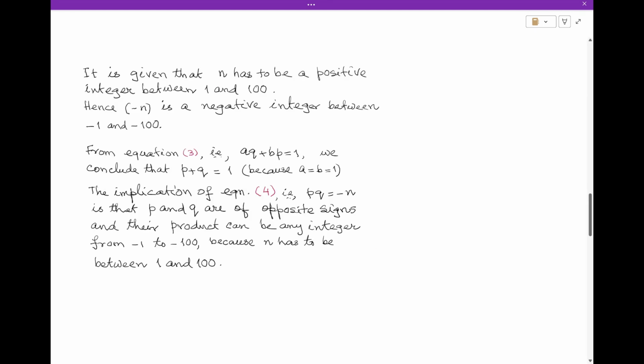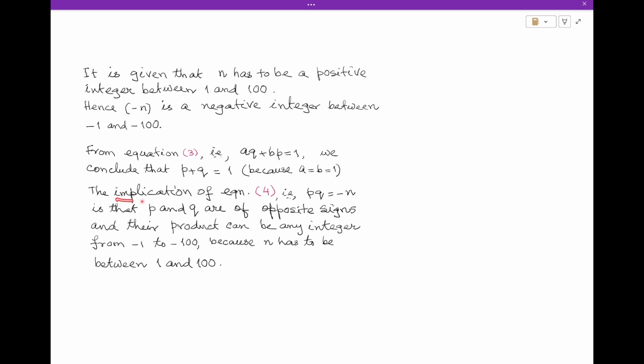It is given that n has to be a positive integer between 1 and 100. Hence, minus n is a negative integer between minus 1 and minus 100. From equation 3, that is aq plus bp is equal to 1, we conclude that p plus q is equal to 1 because we have already found out that a is equal to 1 and b is equal to 1.